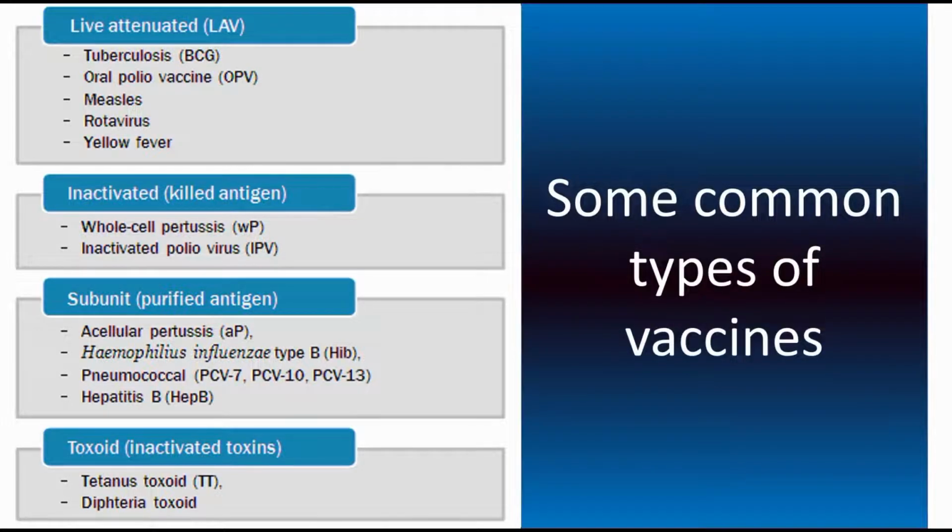Some common vaccines: in bacterial vaccines, live: BCG, anthrax, plague; killed: TAB for enteric fever, autovaccines, etc. In viral vaccines, live: smallpox, measles, influenza, mumps and Sabin; killed: Salk vaccine for poliomyelitis. Number three, bacterial products: toxoids for tetanus and diphtheria.